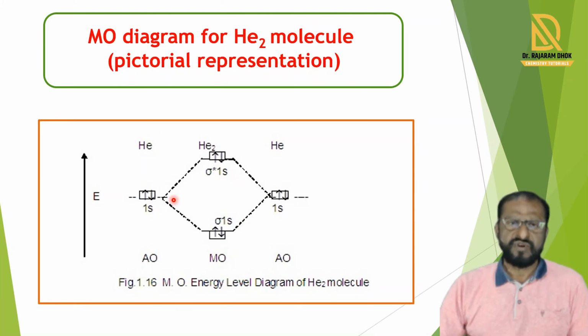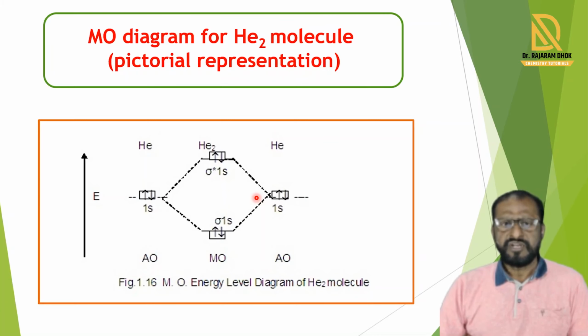Now, the first helium atom contains 2 electrons and the second helium atom contains 2 electrons. So a total of 4 electrons from the atomic orbitals go into the molecular orbitals, and when the molecular orbitals are filled, the Aufbau principle and Pauli's exclusion principle are followed.